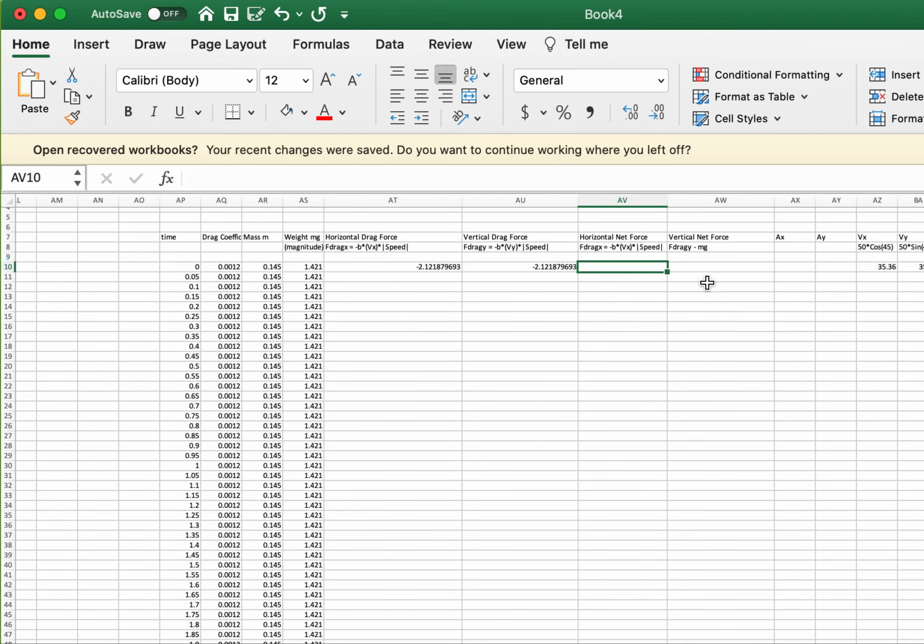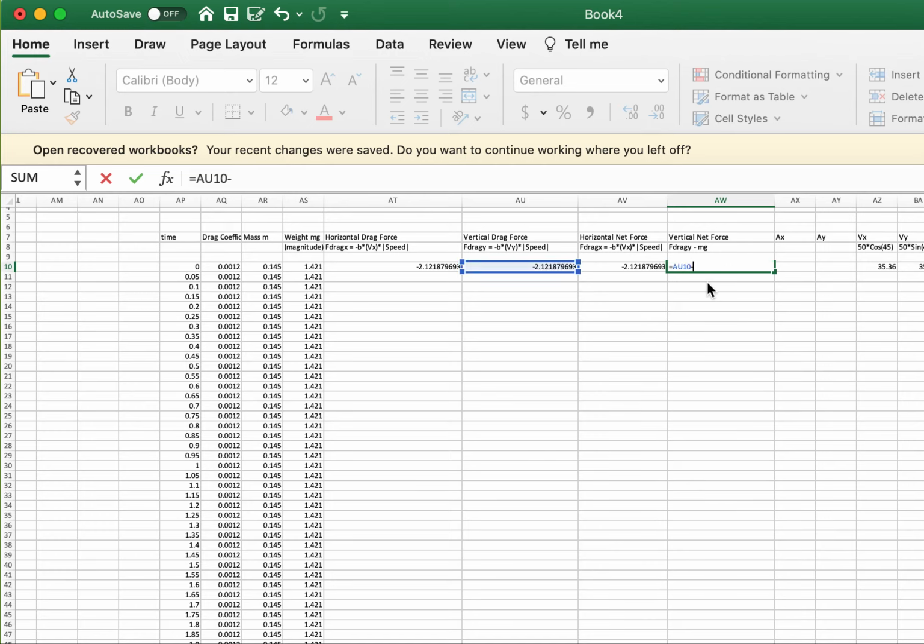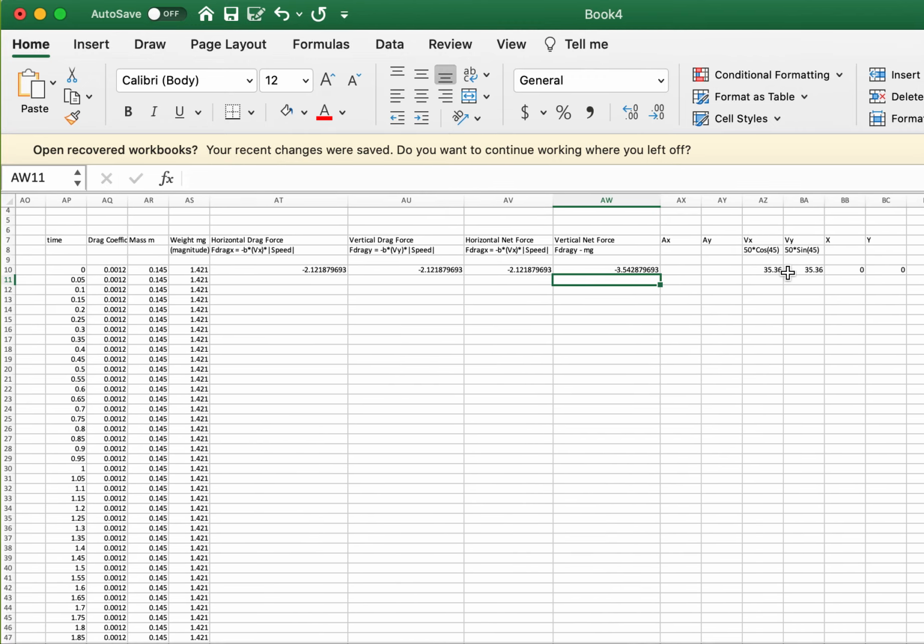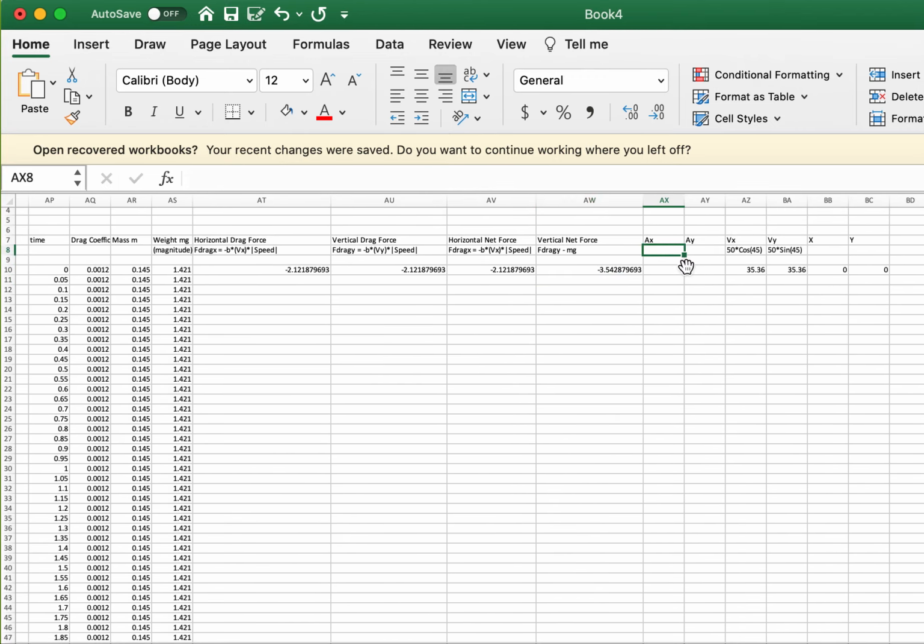For this one, it's just going to be simply AT10. They're going to match for the horizontal. But for the vertical, it's a little more complicated. We've got to do AU10 minus our mg, column AS10. Alright, we got our force. Now we want to use our force to find our acceleration. So AX equals F net x divided by m.